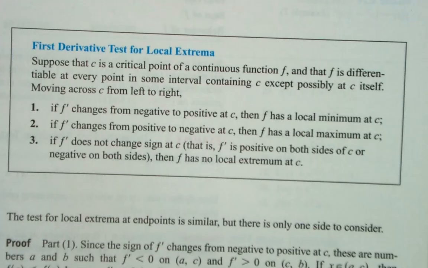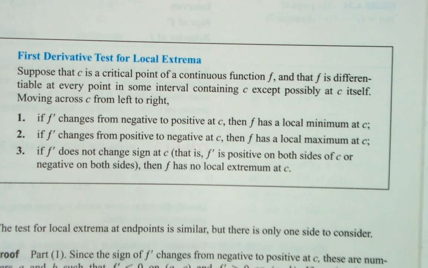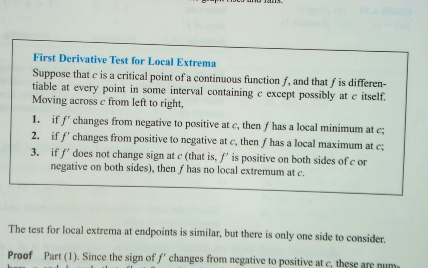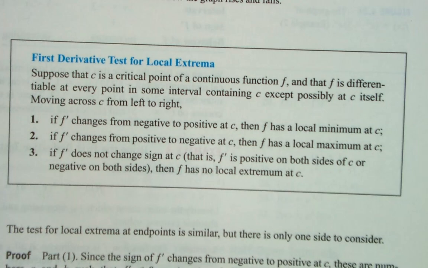Let's take a look at this, because we haven't decided whether it's a maximum or minimum yet at those critical points. First derivative test for a local extrema. Suppose c is a critical point in continuous function f, and f is differentiable at every point in the interval.